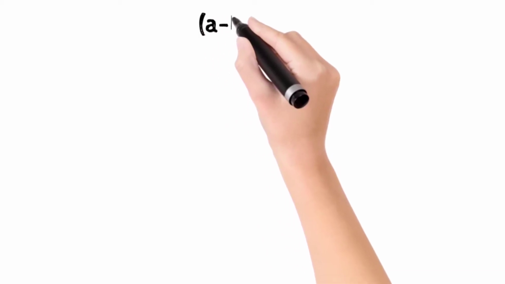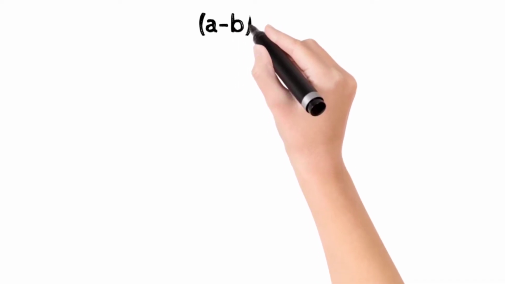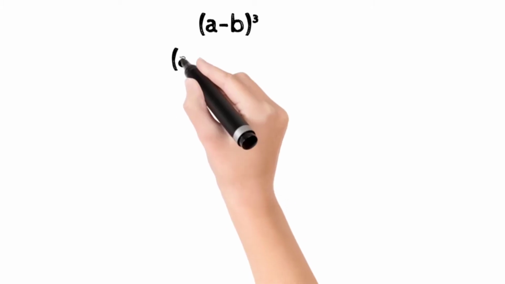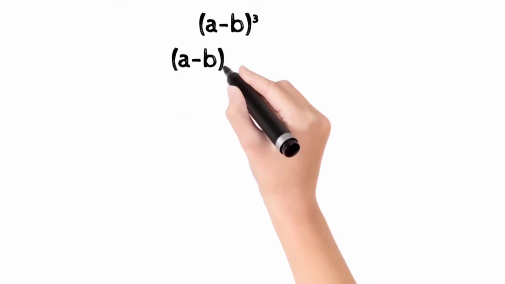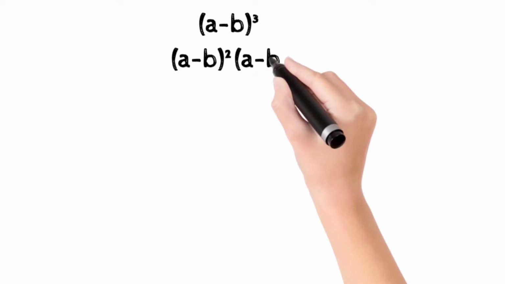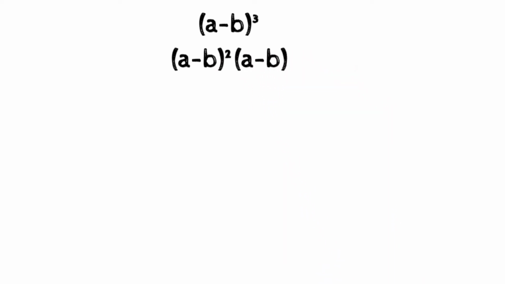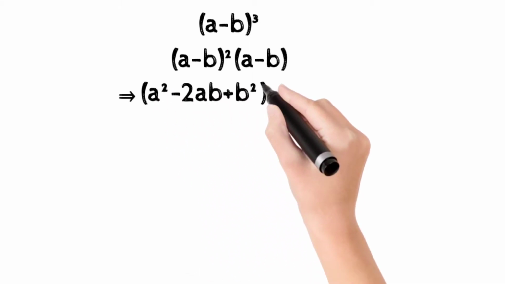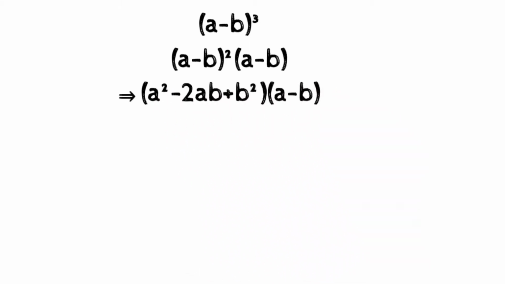Now let's prove the second identity, which is (a minus b) whole cube. Again we can break this power as (a minus b) square and (a minus b). (a minus b) whole square will be replaced by a square minus 2ab plus b square, and (a minus b) will be written as it is.